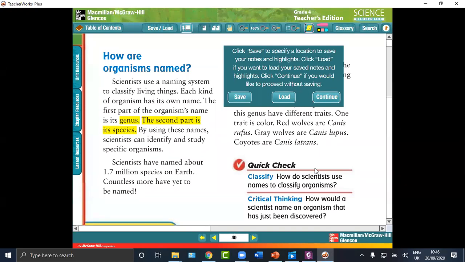Okay, now Yusuf. Read, please. Scientists have named about 1.7 million species on Earth.